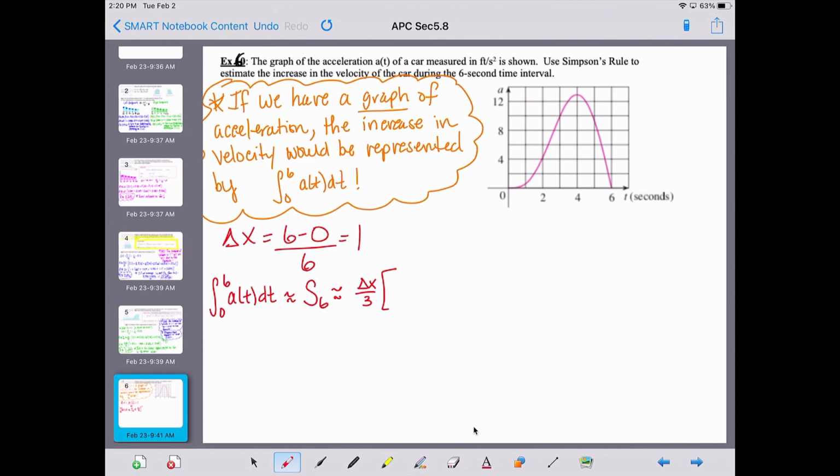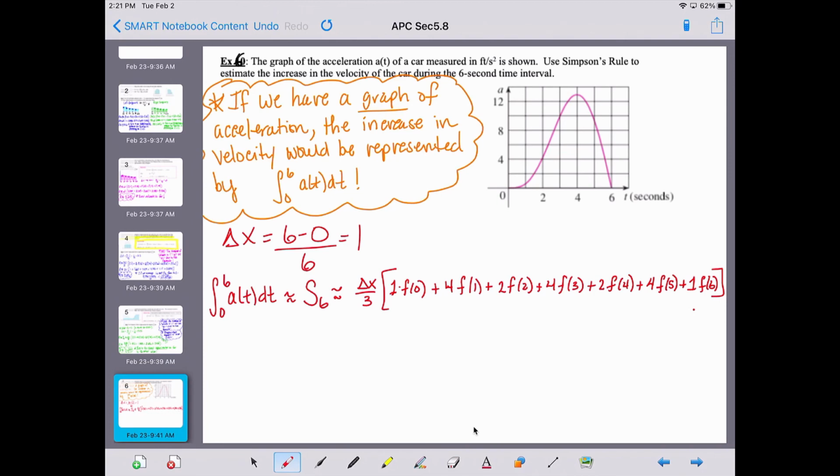So 1 times f of 0, there's our coefficient of our first term, plus 4 times f of 1, plus 2 times f of 2, plus 4 times f of 3, plus 2 times f of 4, plus 4 times f of 5, plus 1 times f of 6. Right? We always have to start with that 1, 4, and then end with that 4, 1 at the other end.